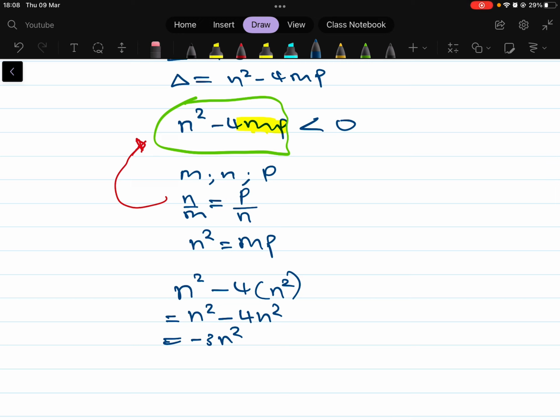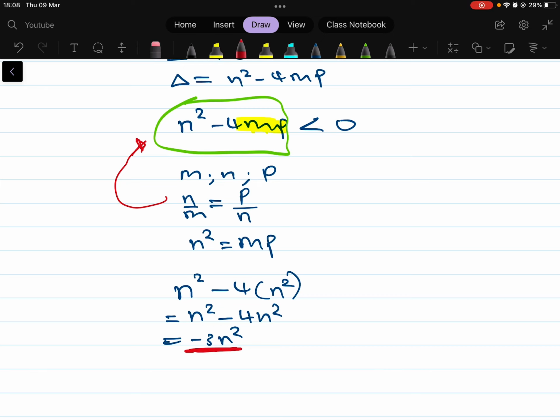They already told us that n is positive, but even if n could be negative, this whole expression will forever be negative, because n squared, whatever n is, is always going to be positive.